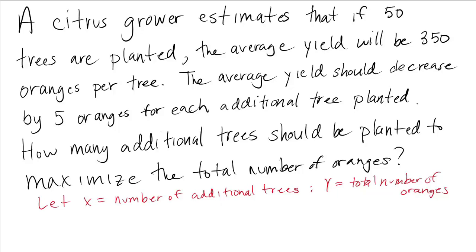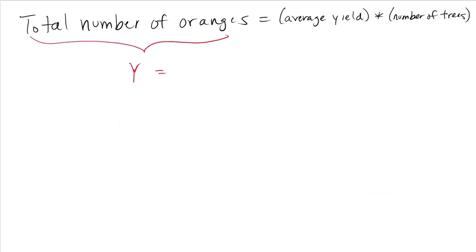I'm going to repeat it when I switch slides. If 50 trees were planted, you'd get 350 oranges per tree. But for each extra tree you plant on top of those 50, you're going to lose 5 oranges per additional tree. See if you can write that expression. We're starting with 350 oranges per tree, but we're going to lose 5 for each extra tree.